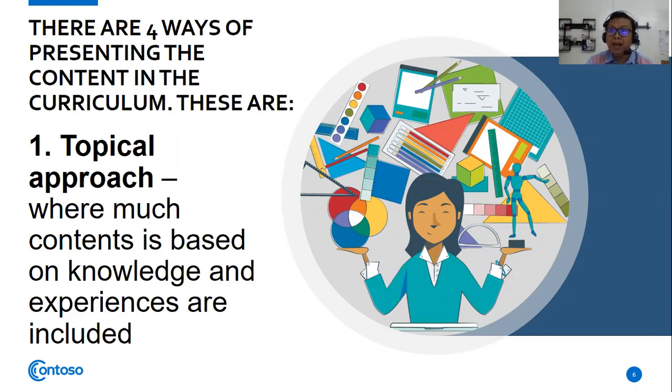The table of contents is the list of topics included in that particular material. So it is the topical approach where contents are based on knowledge and experiences that are included.